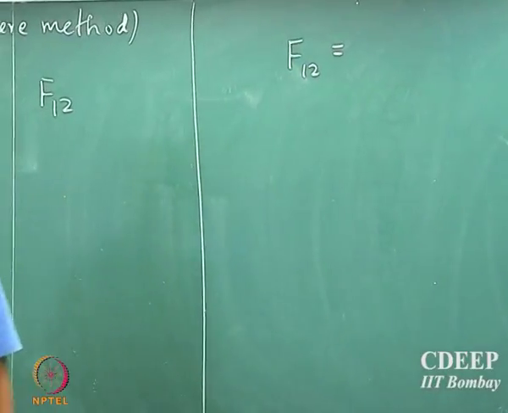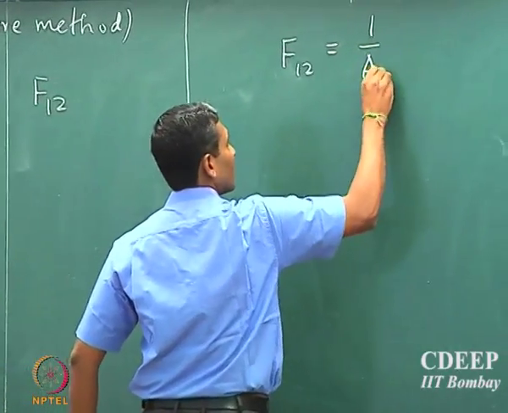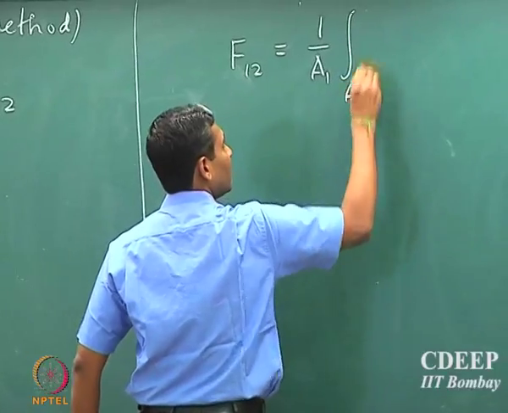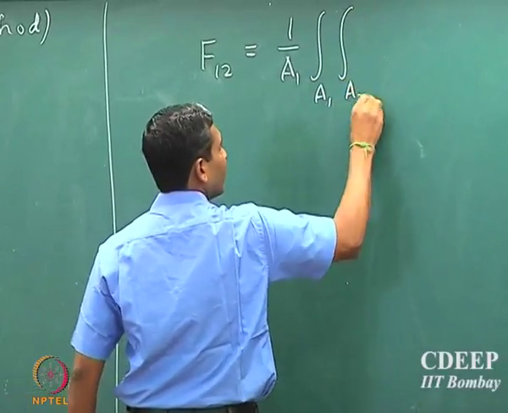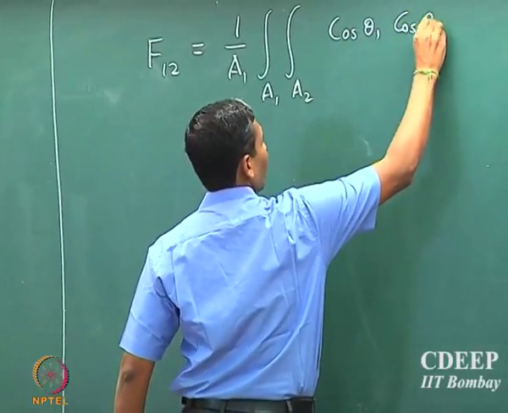and the formula for F12 is 1 by A1 integral over A1, integral over A2 cos theta 1 cos theta 2.